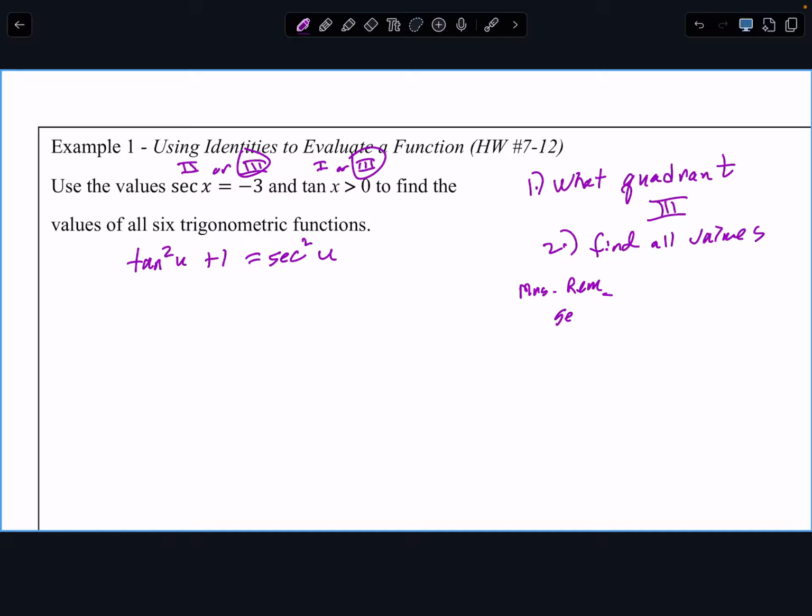The secant of x is -3. So that means the reciprocal, the cosine, is -1/3. And cosine is adjacent over hypotenuse. And you are in quadrant 3, so I'm going to draw a triangle in quadrant 3, and this is my reference angle x. And so my adjacent is -1, and my hypotenuse is 3.